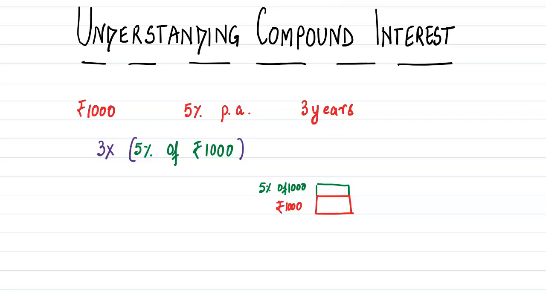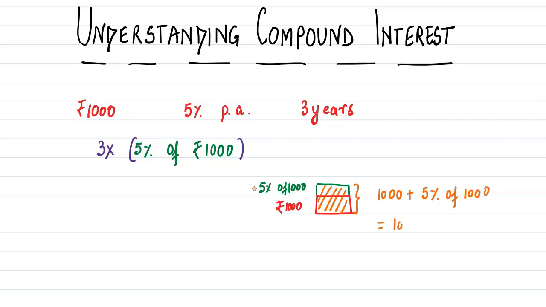So now you have this much money. This orange bar is your money after 1 year. Can we say it is 1000 plus 5% of 1000?